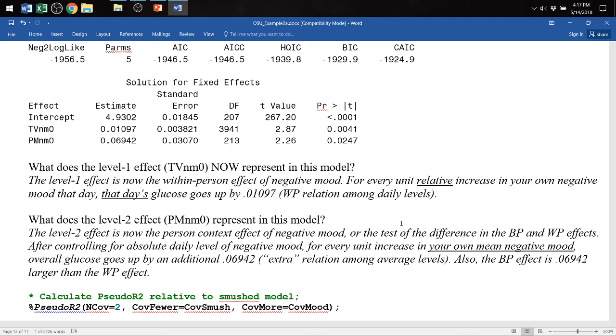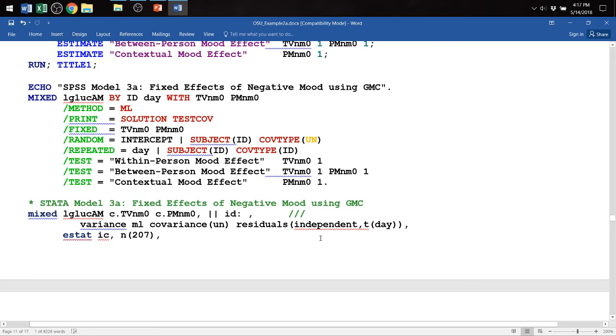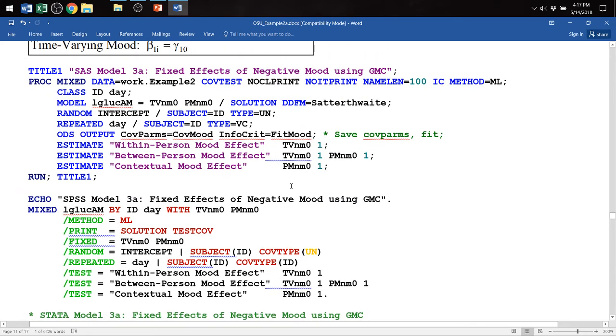So you will note the linear combinations of predictors here that are not given by the model. This version of the model gives you within and contextual, but within plus contextual gets you back to between. So level 1 within plus level 2 contextual equals level 2 between.